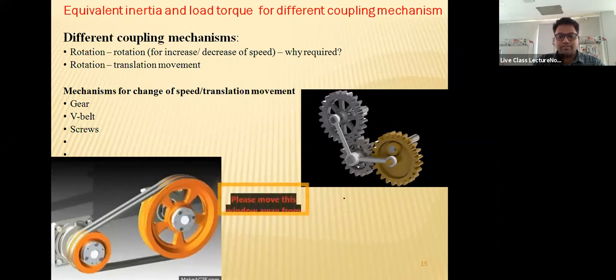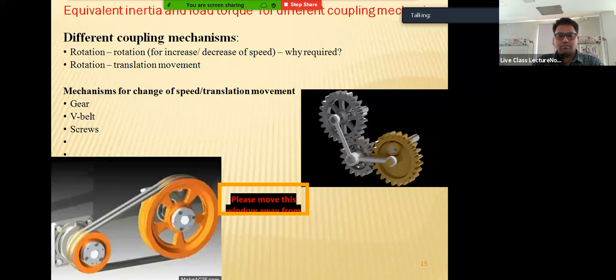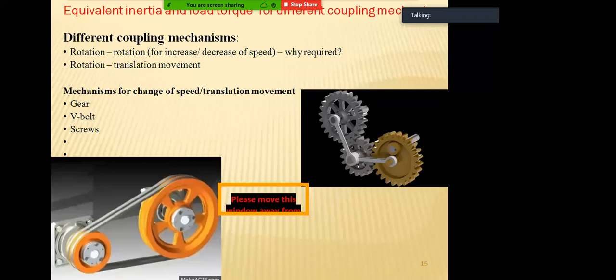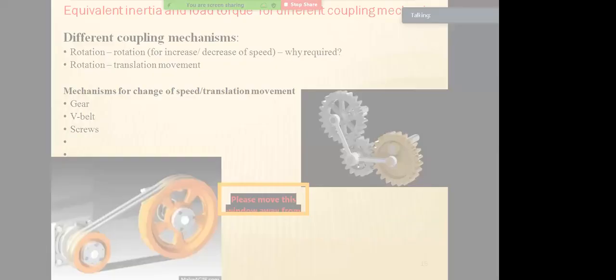Just a second. Yeah, some error happened. Is it visible? Yes, sir. It's hanged actually, not responding.